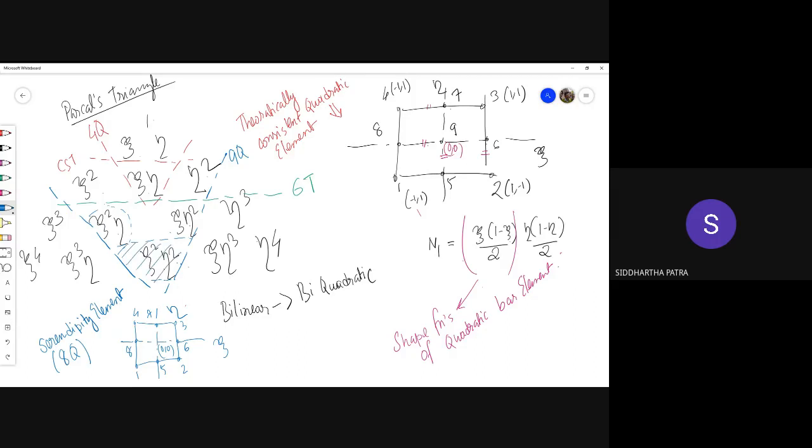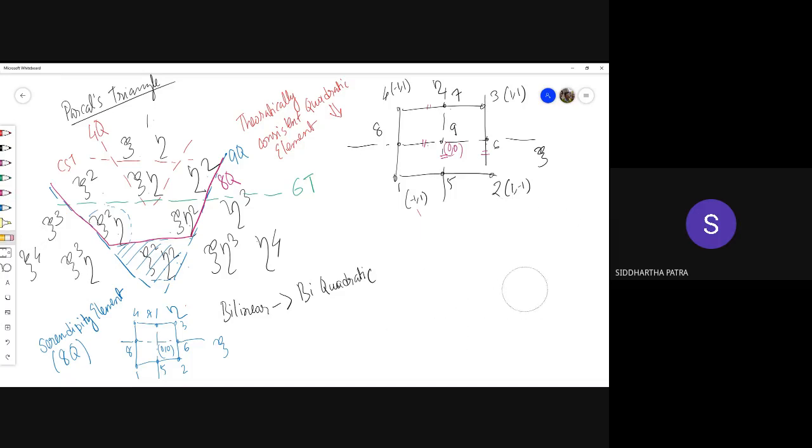So when we get rid of this, what you would be getting is the 8-noded quad element. Now imagine what would be the shape functions for 8-noded quad element, and I'll explain to you why we need a serendipity element, or why we need an 8-noded quad element.